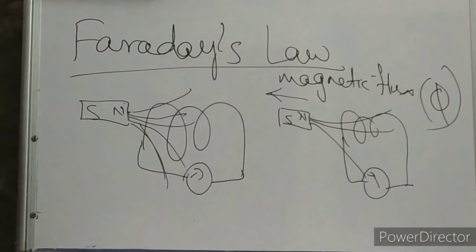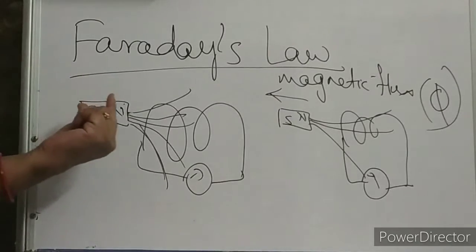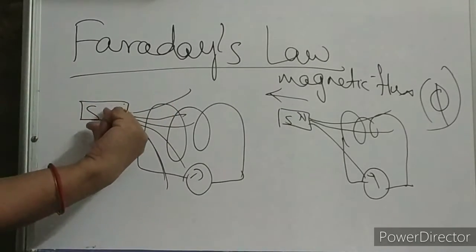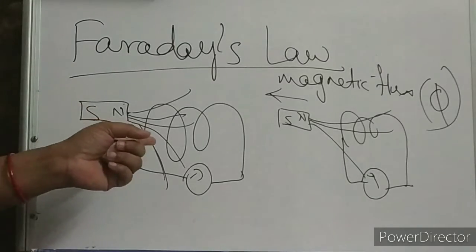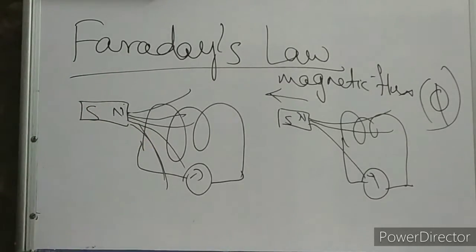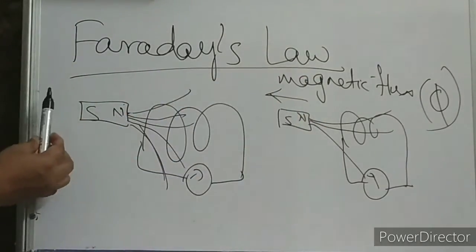When we bring the magnet and coil closer to each other or away from each other, then the magnetic flux linked with the coil changes. Suppose your coil is over here and your magnet is over here.